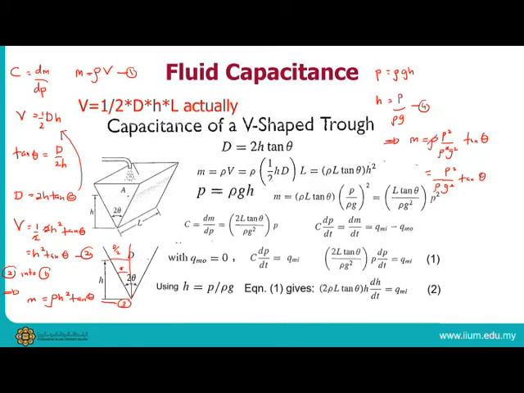Alright, so if you differentiate this, because this one is equal to m, if you want to find dm over dp, you can get 2P tangent theta over rho g squared. Okay, so basically this is your capacitance.